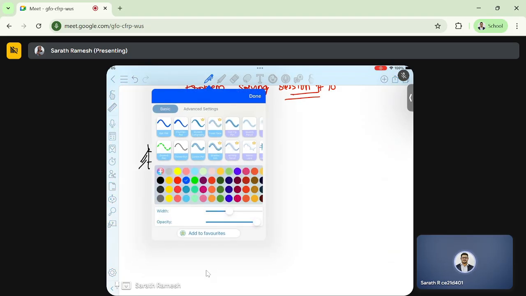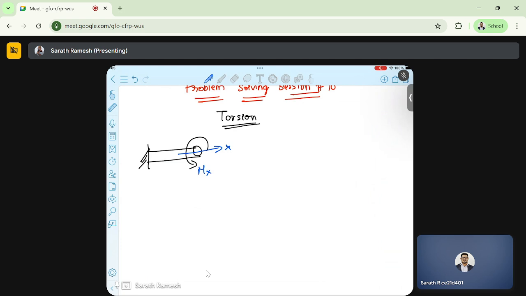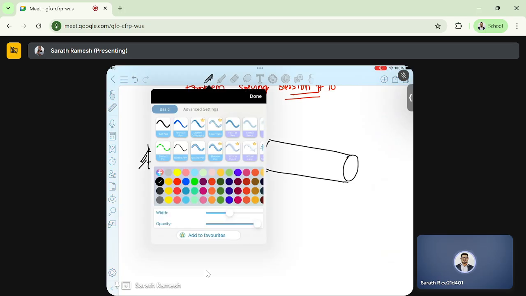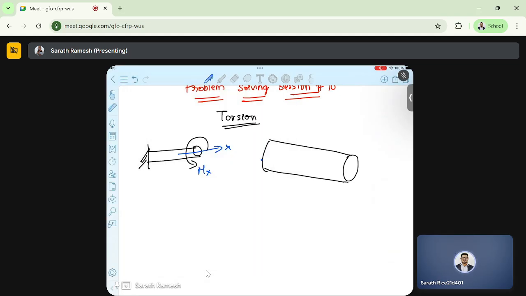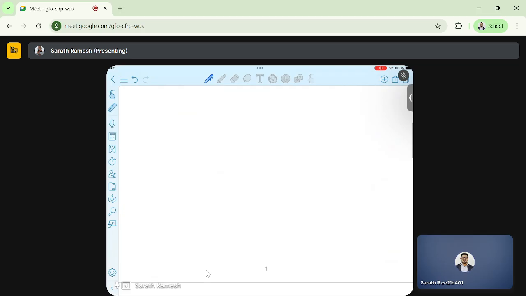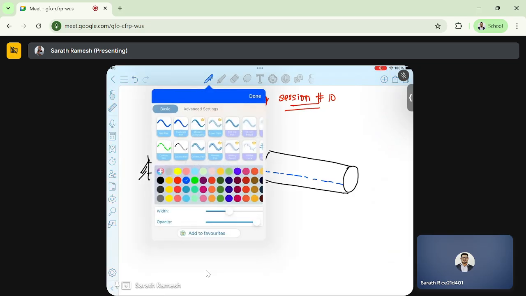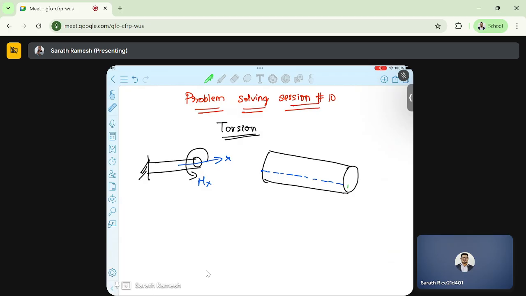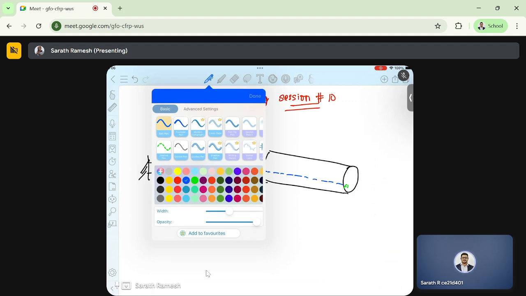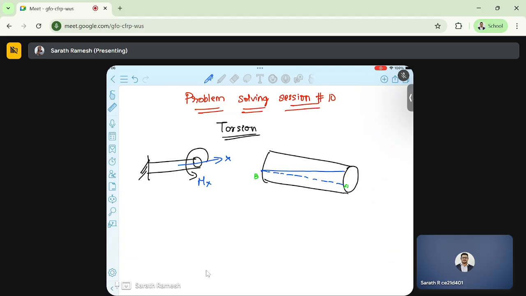Suppose we have a shaft, a solid circular shaft like this, and we are subjecting this to a twist. The assumption that we make here is that there is a straight line, say AB, and after twisting, it becomes like this.